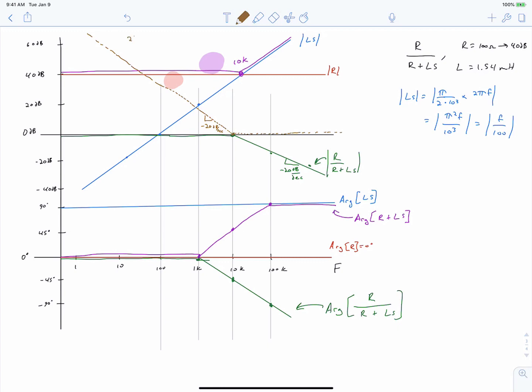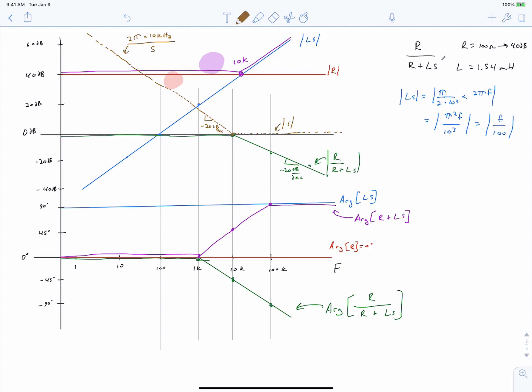So this can be 2 pi times 10 kilohertz over s. That would give us the transfer function in this region here. And if we were to add that term to a transfer function that has a constant gain of 0 decibels, that is, it has a constant gain of 1, we would get the behavior that we've shown here.